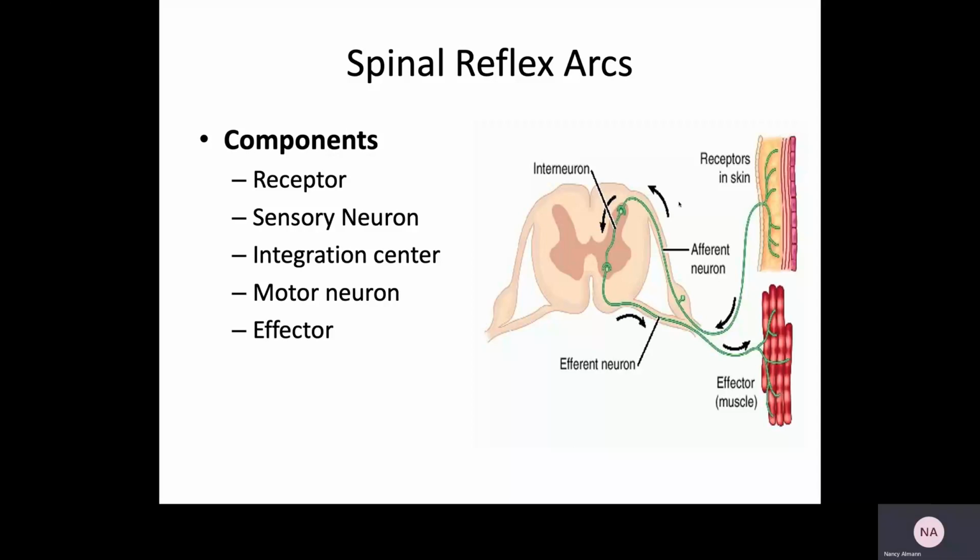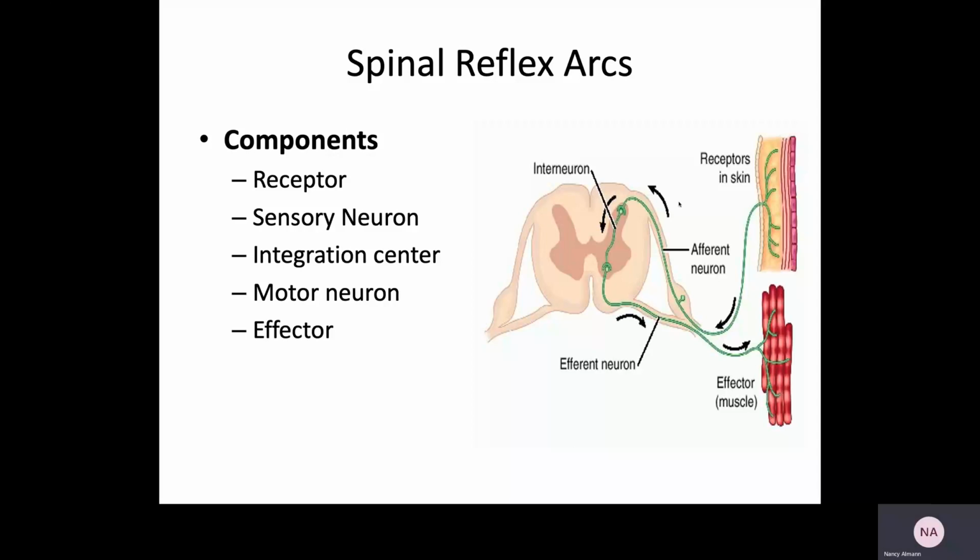This is what happens in order that you protect yourself from being burned. A sensory receptor says, holy cow, you just touched something hot. That information will travel along a sensory afferent neuron to an integration center that is actually in the spinal cord. That information gets processed at the level of the spinal cord of that spinal nerve.